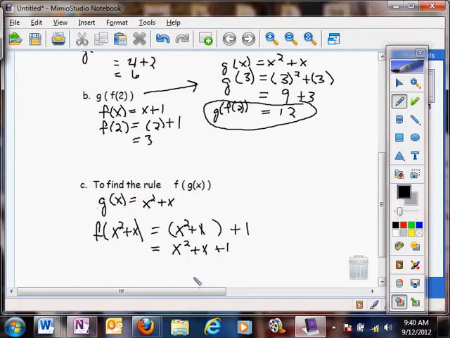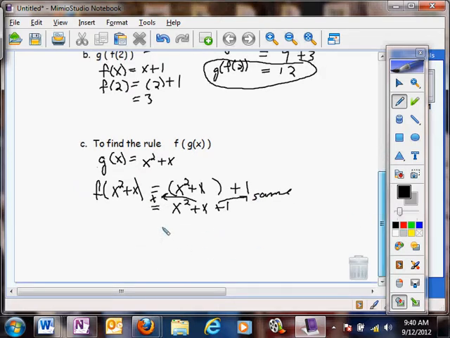Then let's check to see if it factors. Signs are the same. They're both going to be positive. So A is 1, B is 1, C is 1. A times C is 1. The factors of 1 are 1. The signs are the same.